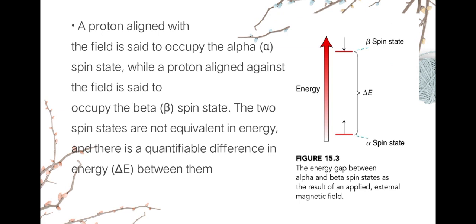So in this example, there is an energy gap between alpha and beta spin states as a result of an applied external magnetic field. A proton aligned with the field is said to occupy the alpha spin state, while a proton aligned against the field is said to occupy the beta spin state. The two spin states are not equivalent, and there is a quantifiable difference in energy between them.